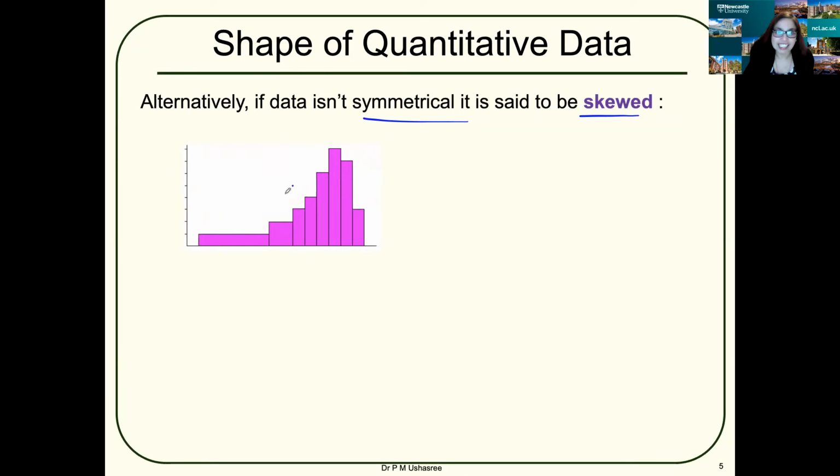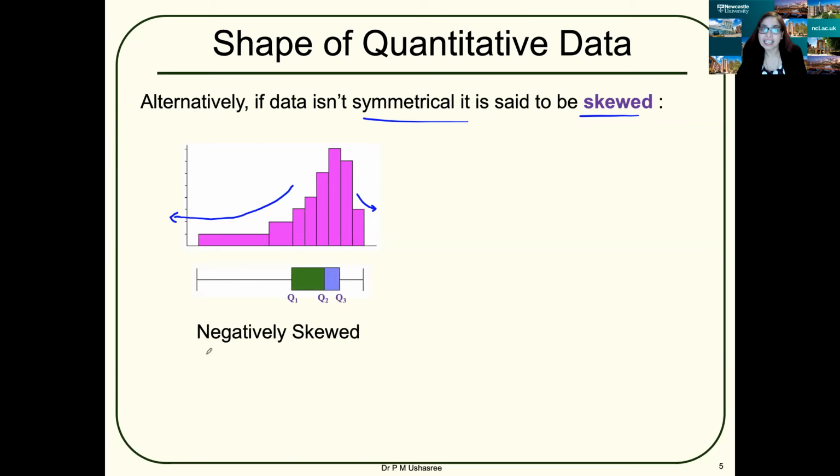The tail is going towards the left. Look at this, the tail is smaller on the other side. When the tail is longer to the left, then you call it negatively skewed.